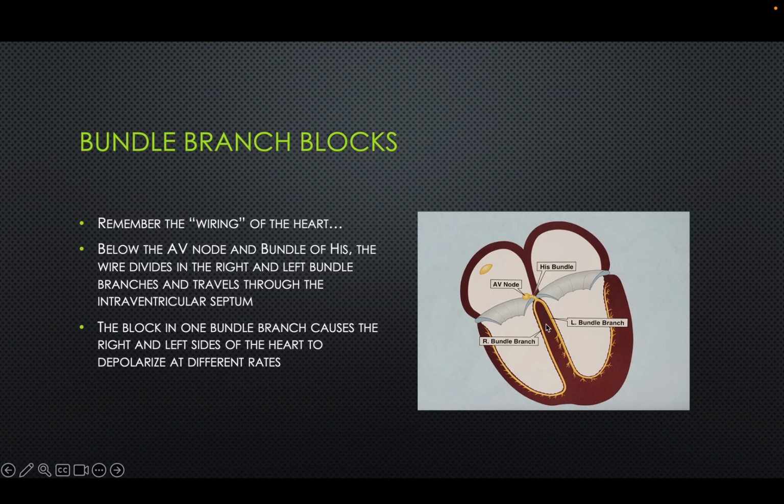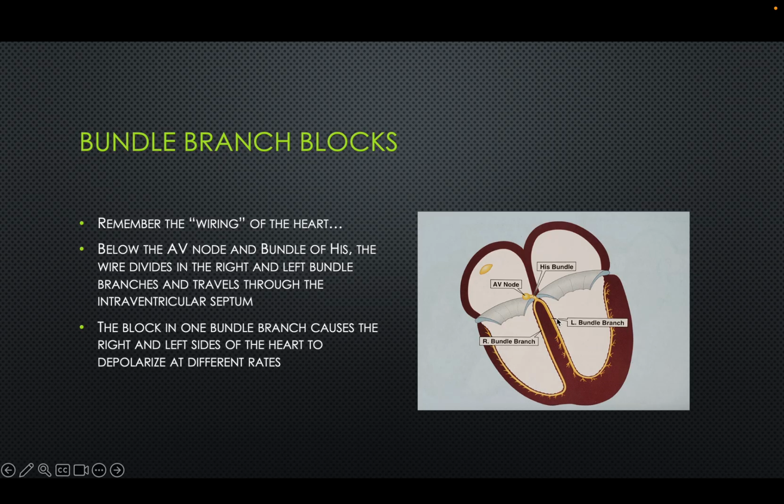We've got this septum that flows right down the middle of the heart, and we have these branches of electrical wiring called bundle branches, and they finish off transmitting the electrical signal out to the ventricles and driving the QRS complex and the depolarization.